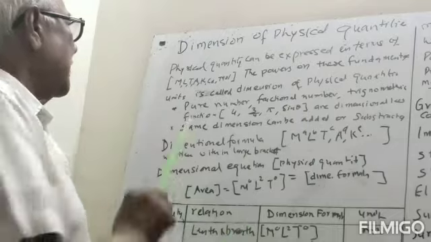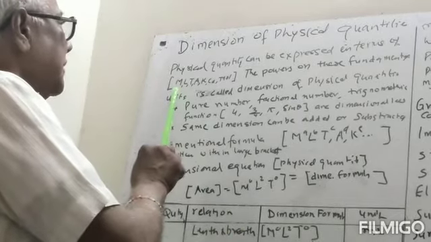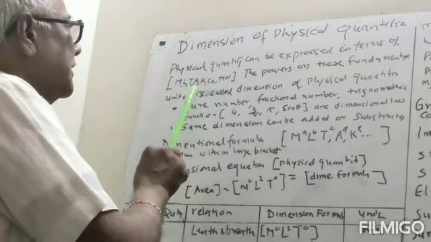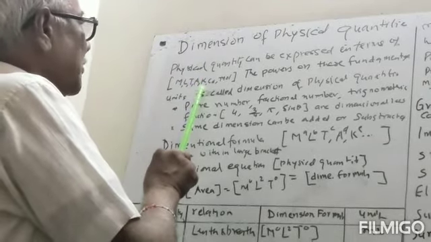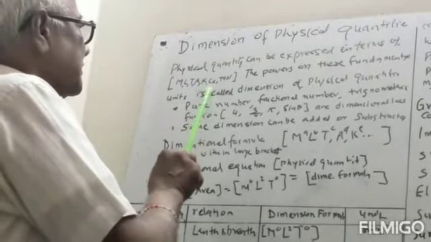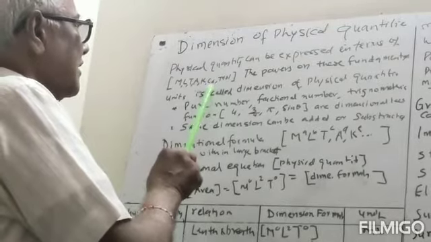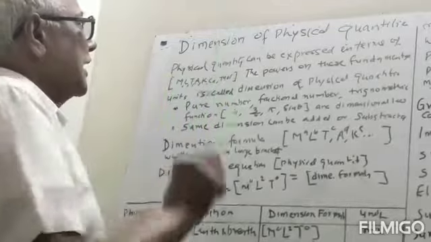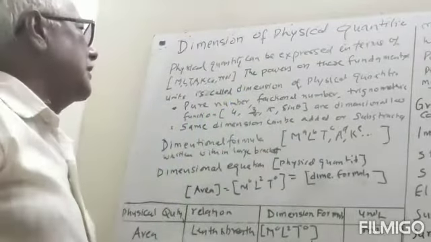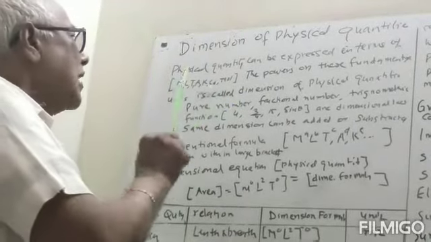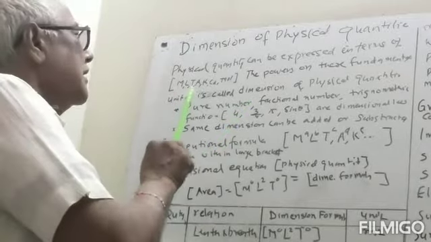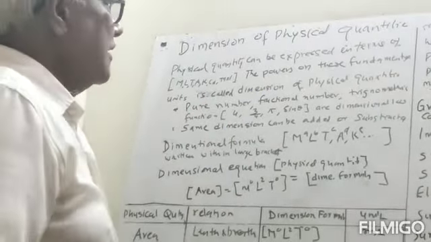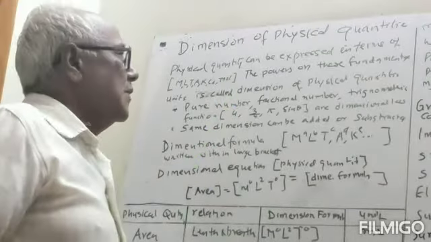The fundamental units are mass M, length L, time T, ampere A, temperature K for Kelvin, CD for luminous intensity, and mole. So we can express any physical quantity in the powers of the fundamental units, and that is known as the dimension.